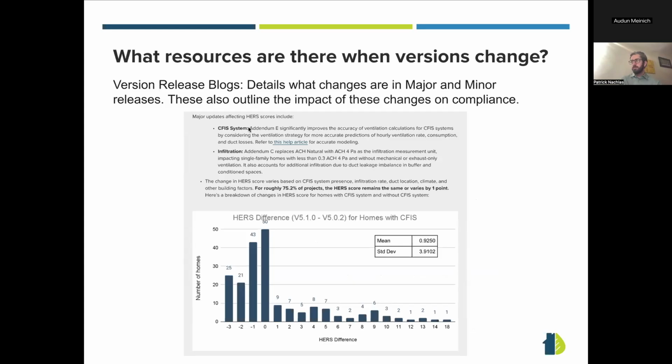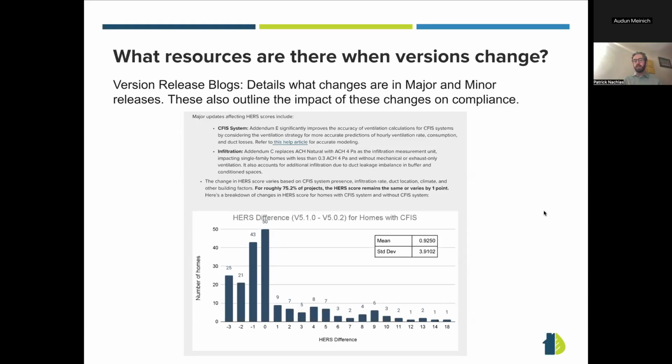I was talking about CFIS systems and the infiltration, addendum C and E. It goes over what those changes are, how they're going to impact homes, and then we also run simulations on a large set of homes across the country to see the estimated impact. Like for this change, 75% of homes with a CFIS system had their score change by a point or less. But 25% of them had a larger impact.